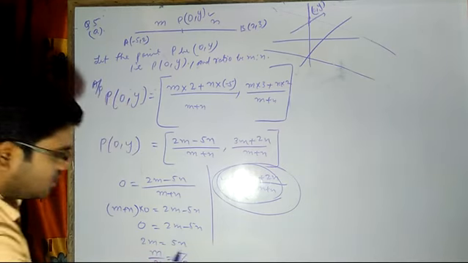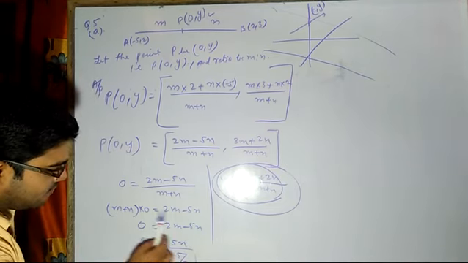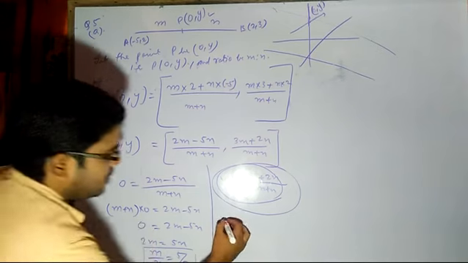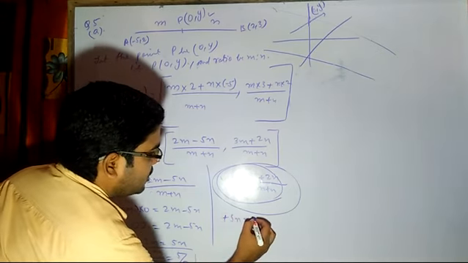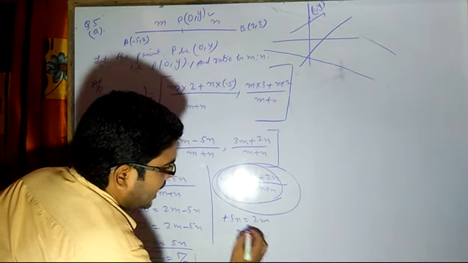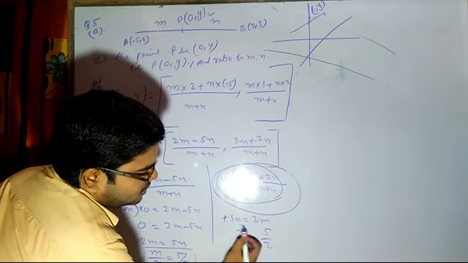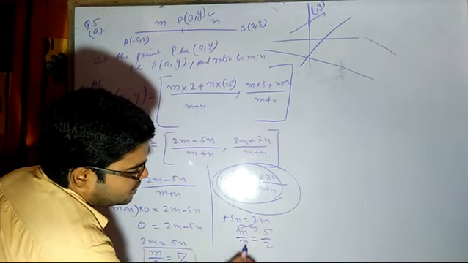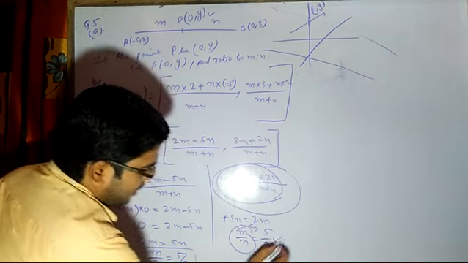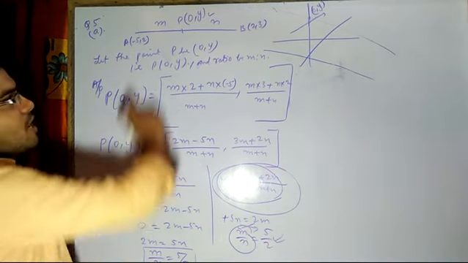Yes or no? You try to simplify this. The minus 5n will come to this side as plus 5n, equal to 2m. You want the m is to n ratio, that means 5 by 2. 2 will go that side, so m upon n is equal to 5 by 2. So in this way you are going to get the ratio of the line segment, m is to n.